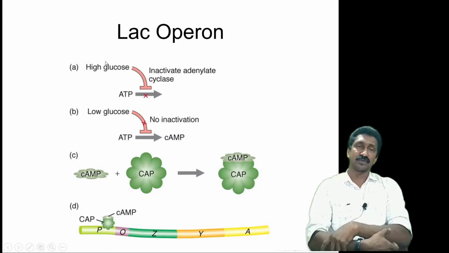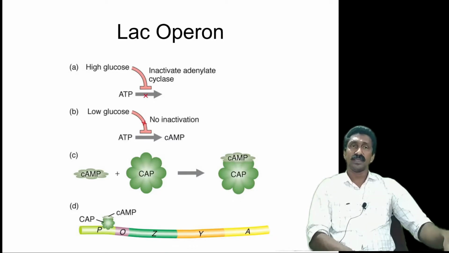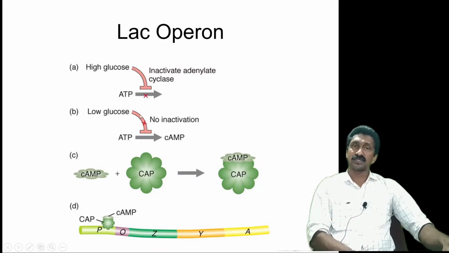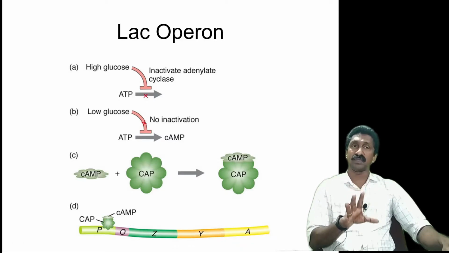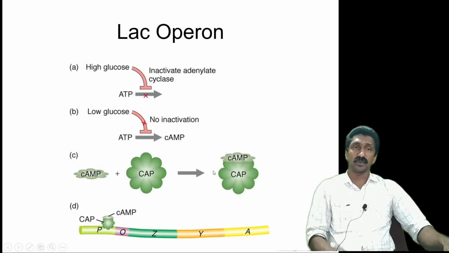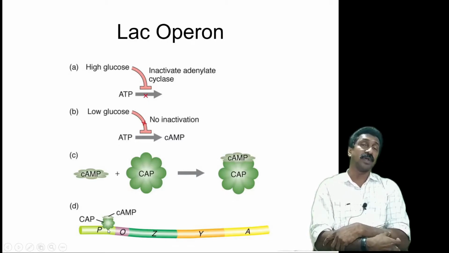So this is the basic concept of the positive regulation mechanism, or activation mechanism, in the lac operon. If cyclic AMP is present, it ensures that low glucose is present in the medium. In the presence of high glucose, cyclic AMP cannot be produced. If there is cyclic AMP, it will bind with the catabolite gene activator protein, or CAP protein, to form a complex. The cyclic AMP-CAP complex can bind to the promoter region and facilitate the polymerase binding.